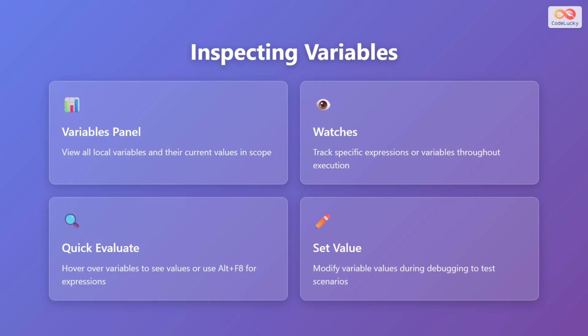You can add any valid Kotlin expression to the watch list, and it will be evaluated continuously. Quick Evaluate lets you quickly check values by hovering over variables in your code. You can also press Alt plus F8 to evaluate any expression in the current context. Finally, Set Value allows you to modify variable values during debugging to test different scenarios without restarting your program.